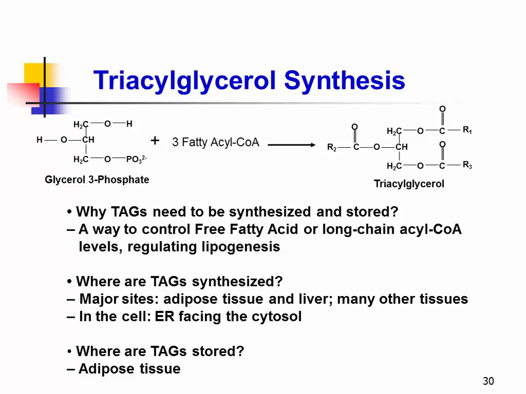It is stored primarily in the adipose tissue, right? But other tissues can also store triglyceride, like liver and muscle. But the major site for triglyceride storage is the adipose tissue.